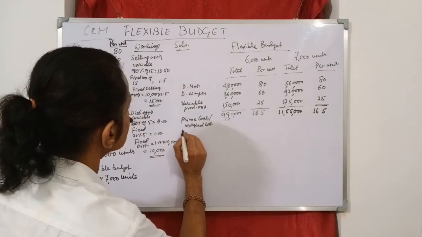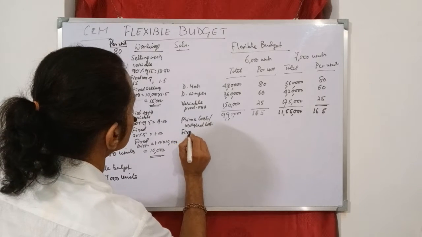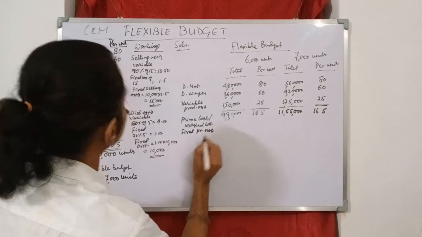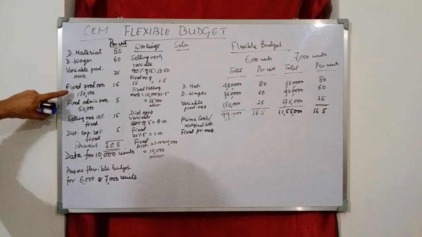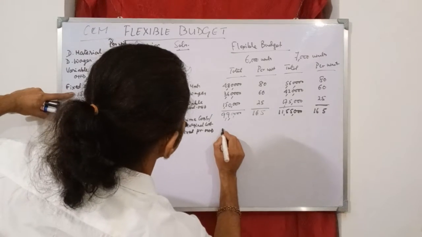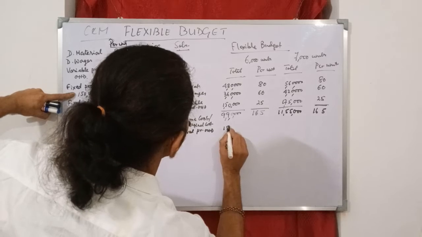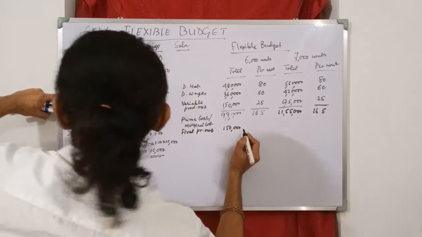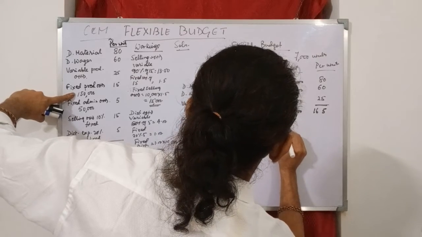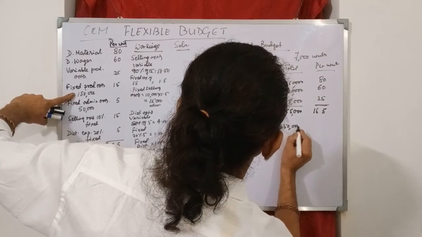Here we add fixed production overhead. How much? Fixed production overhead is 150,000. So we write 150,000 for all the levels because it is fixed.